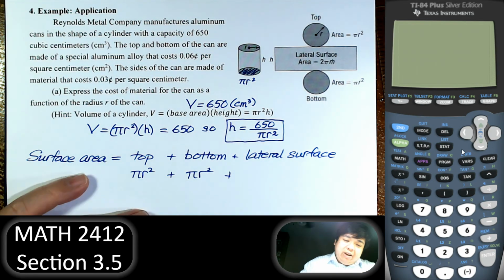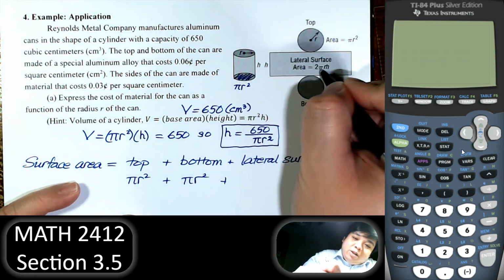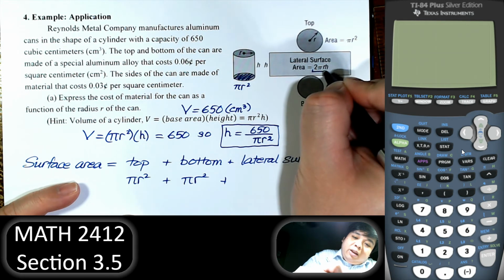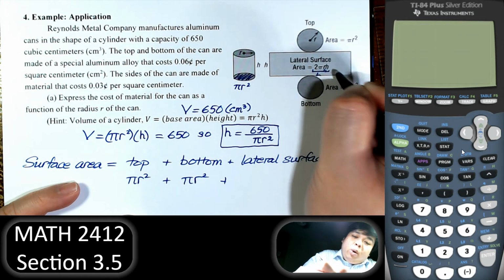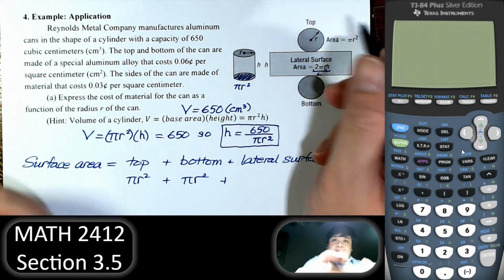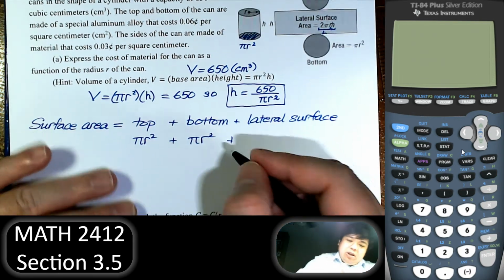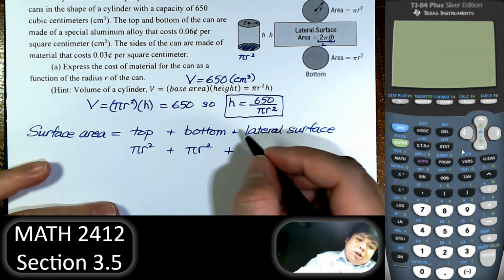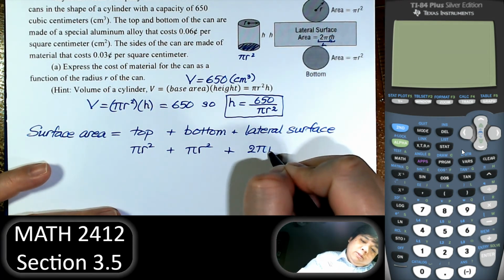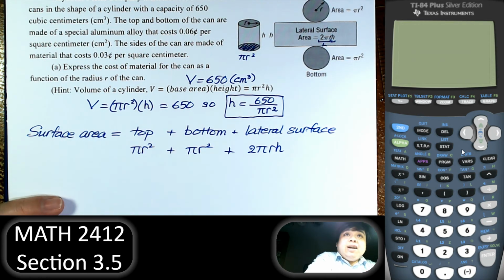So the rectangle's area is length times width. The length is the circumference of the circle, and the height is the width. So in that case we have 2 pi r h. That is the total area.